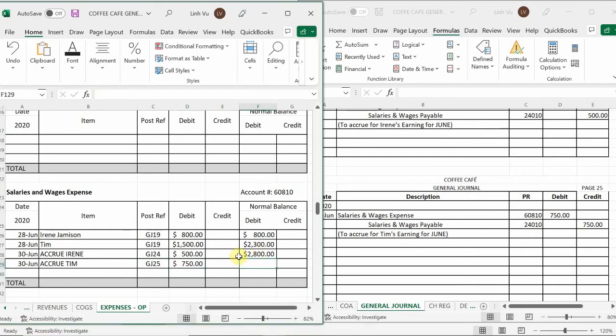So therefore, the grand total should be $3,550. So again, look at that.